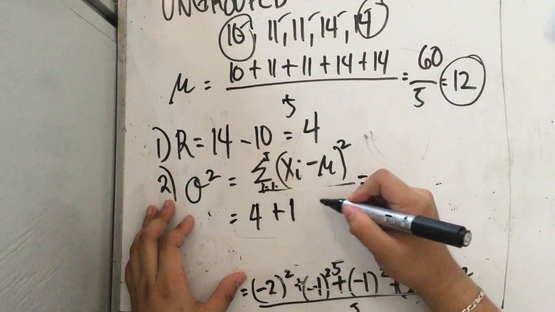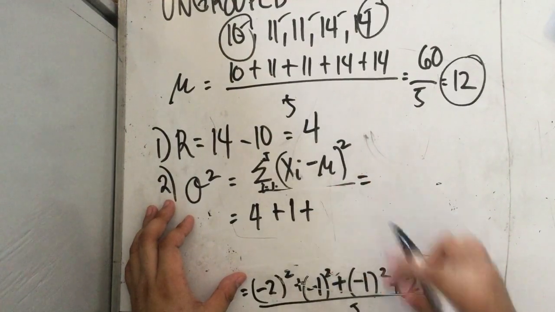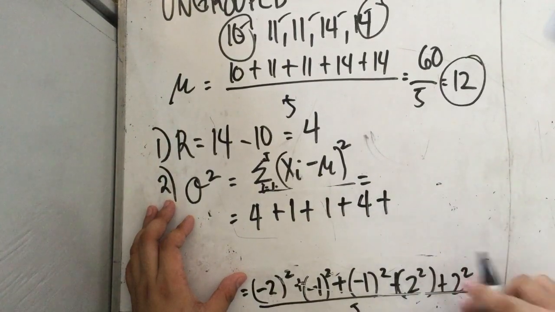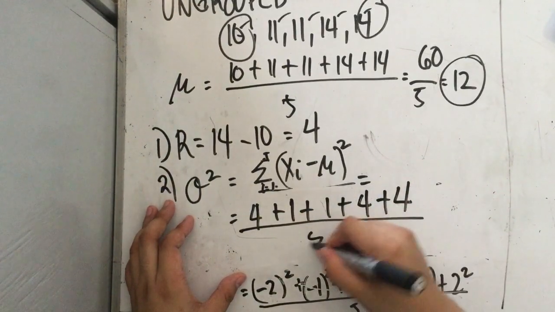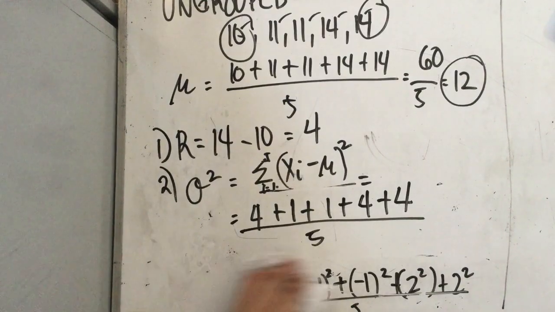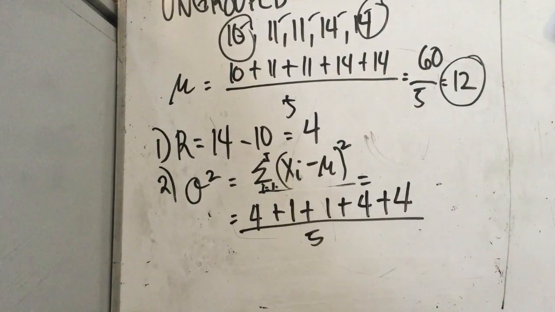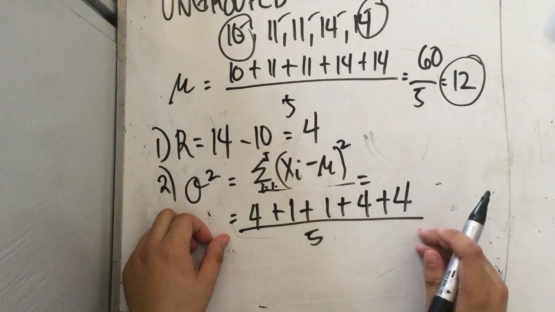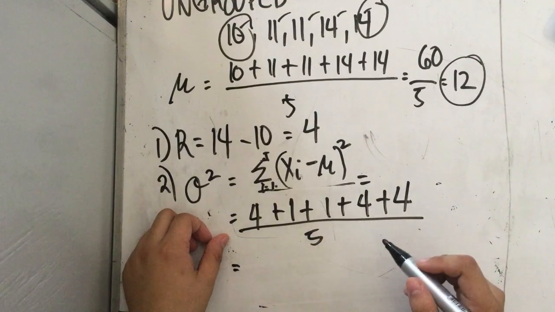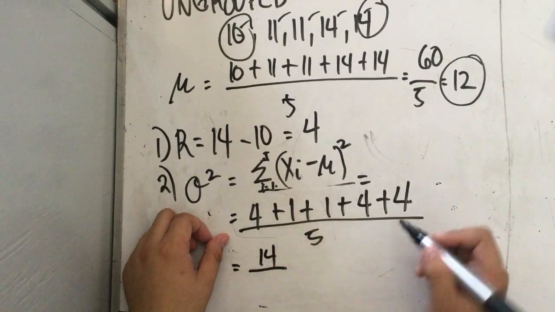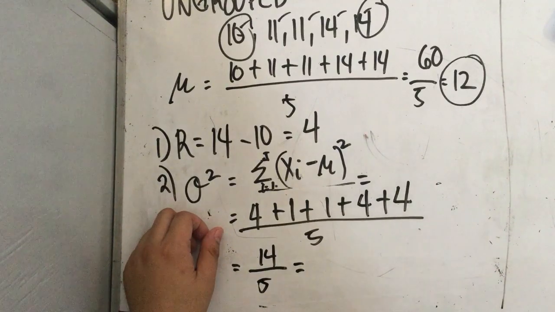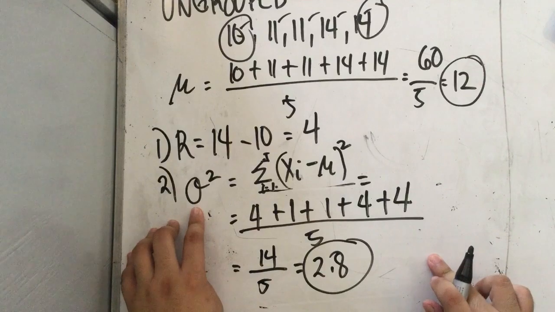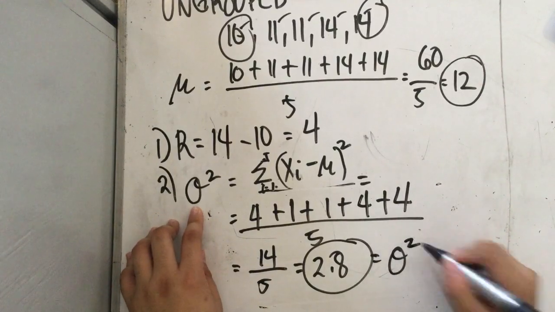Negative 1 squared is 1. Plus negative 1 squared is 1 also. 2 squared is 4. Plus 2 squared, 4, over 5. Then 4 plus 1 plus 1 plus 4 plus 4 is equal to 14. Okay, 14 over 5, which is actually equal to 2.8. So that is your variance. Okay, ito yung variance natin.